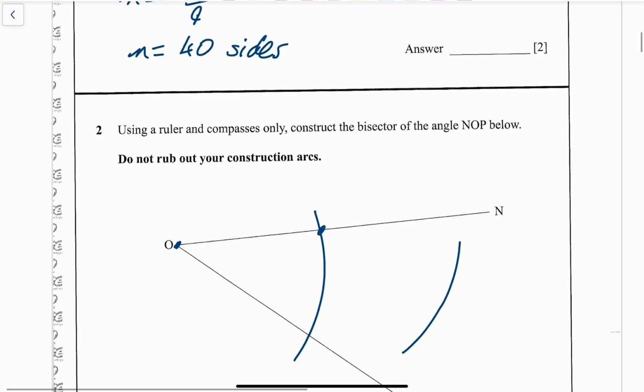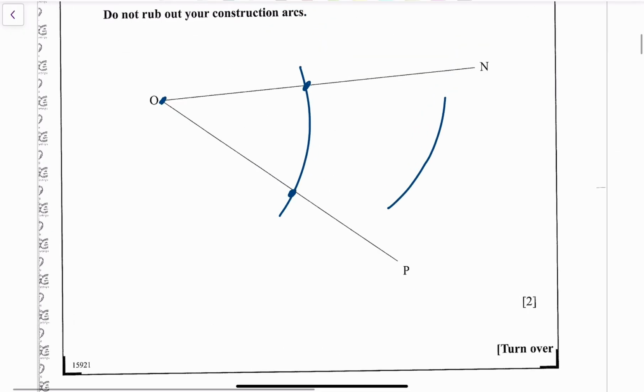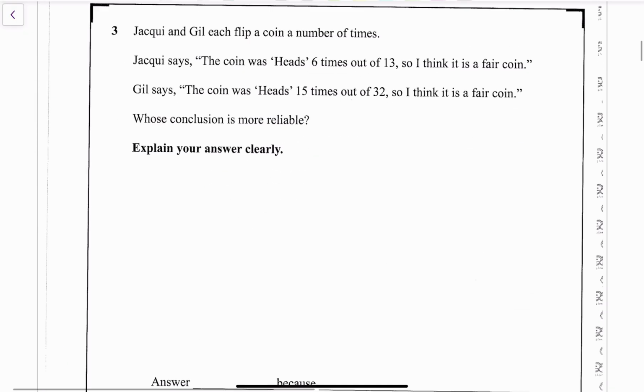And then from this point here, open your compass the same amount and do your arc inside. That's a very bad version of it, but you can see there, if I link those up, this point to my O with a straight line, I'm not using a ruler here, but if you were using a ruler, link that up, that would be the angle bisector. Make sure you use a ruler in yours.